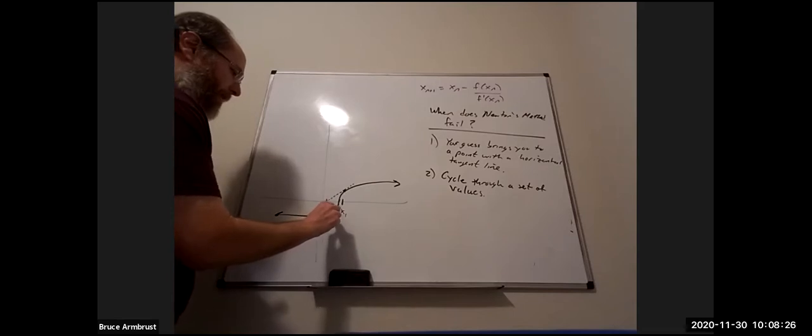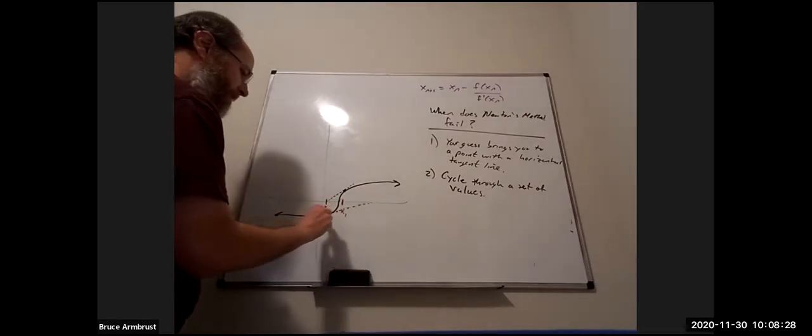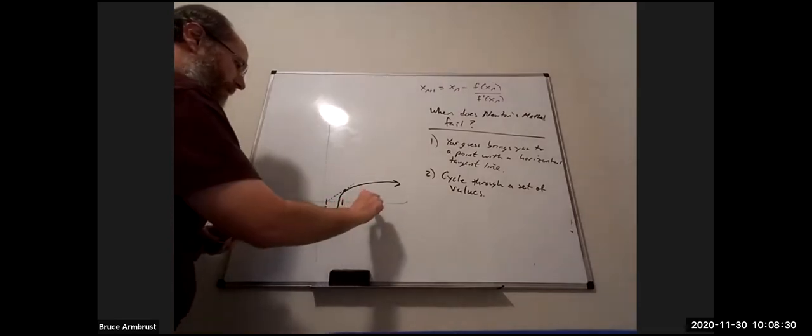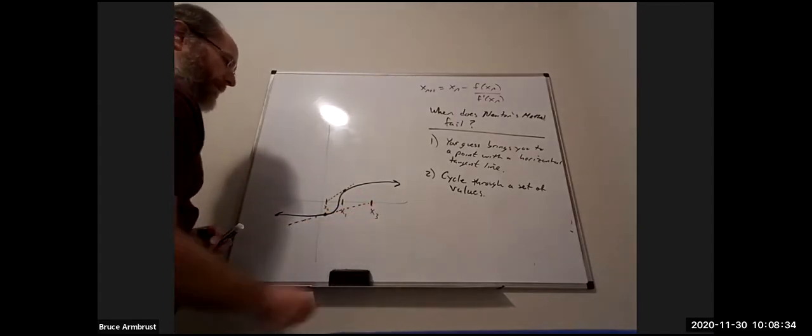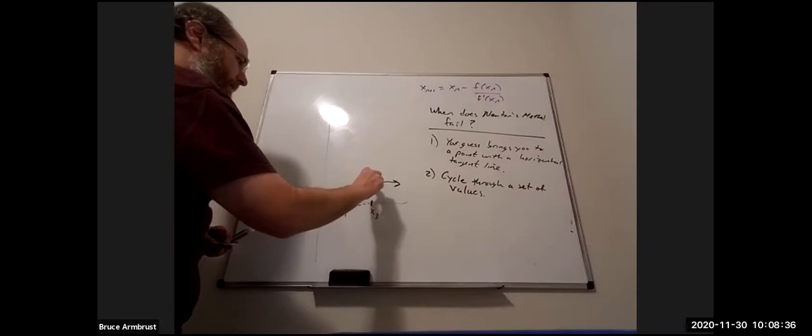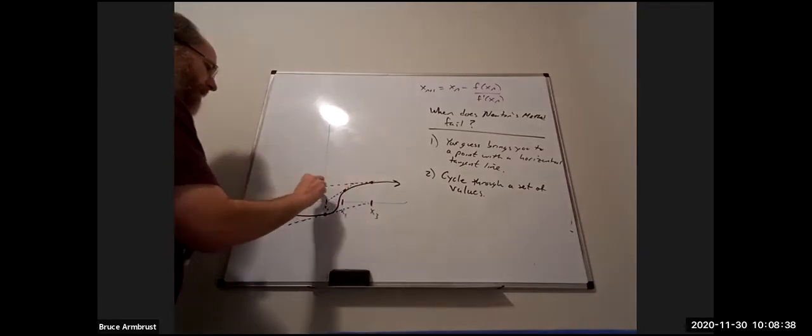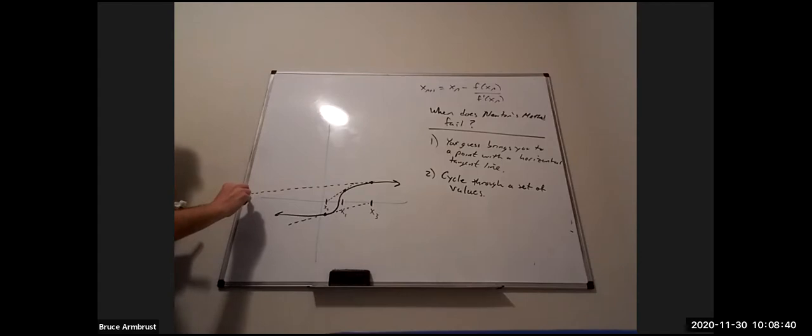I come out to this point, I draw its tangent line. Brings me to this guy, x3. All right, I run up there, I use its tangent line. Brings me out here to x4.